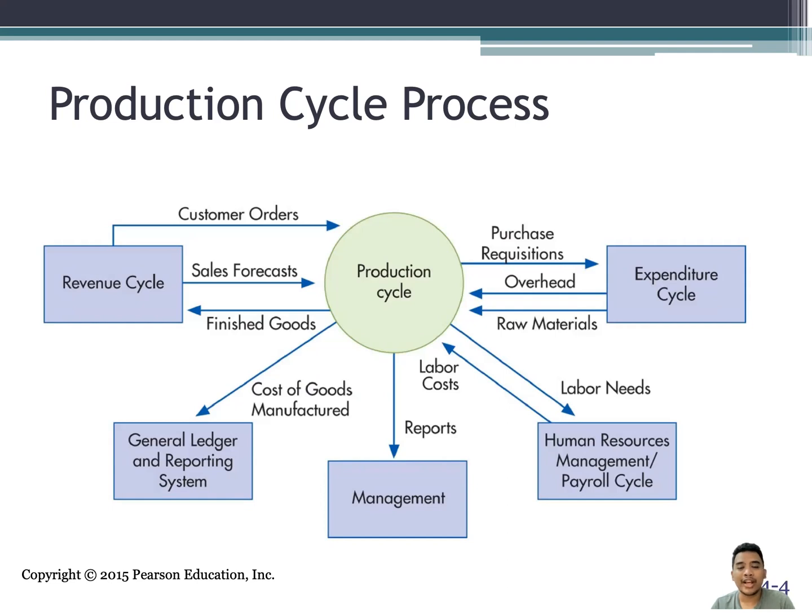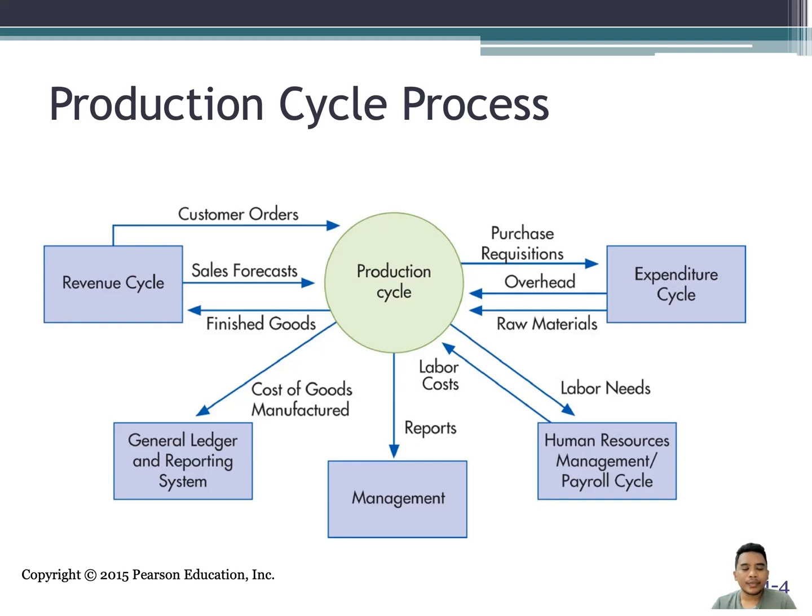And that includes supervision. Next, the management under the production cycle also wants to have reports associated with the production cycle to see the level of production that we have, on a comparative analysis, may it be month to month, week to week, or an annual comparative of the production made, including the costs, for decision-making purposes.